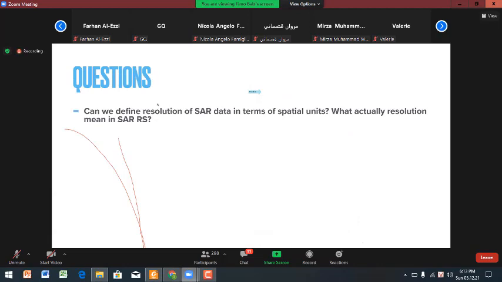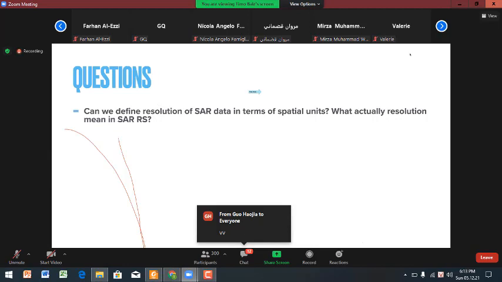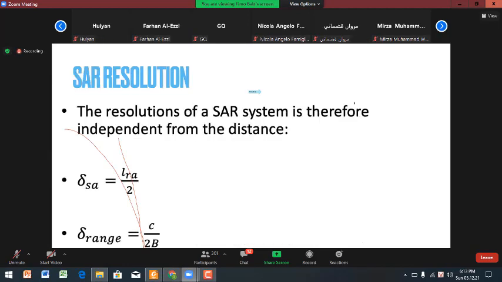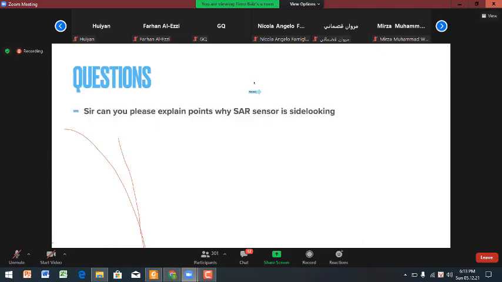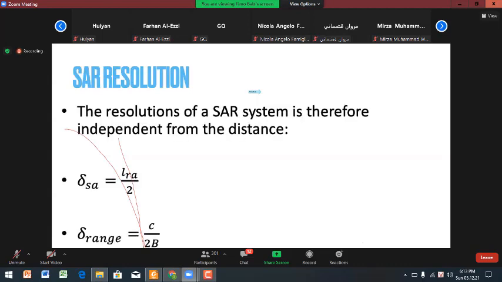All right. Can we define resolution of SAR data in terms of spatial units? What does resolution actually mean in SAR remote sensing? So I showed you the slide of the resolution of a SAR system here, and that is given in meters.